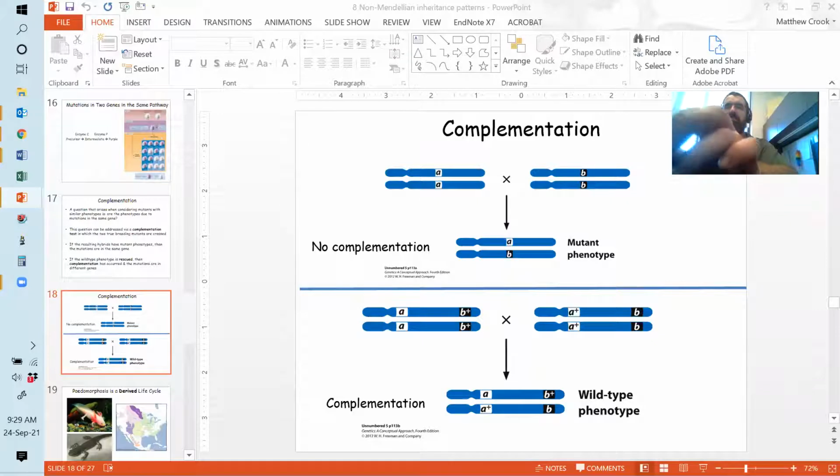For example, A is in CFTR and B is in, I don't know, aquaporin, let's say, a water channel. So now you have both genes, which are involved in the cystic fibrosis disease, not working.